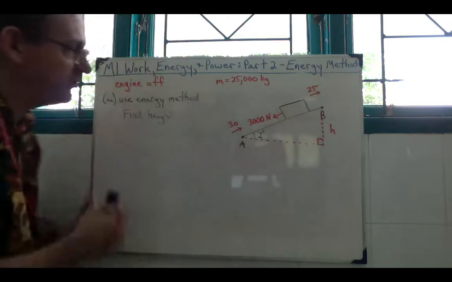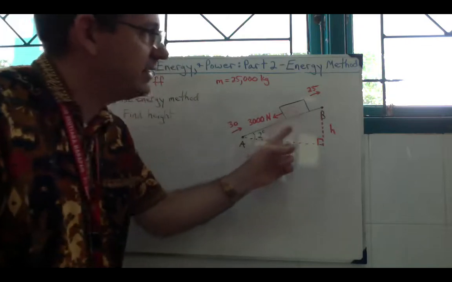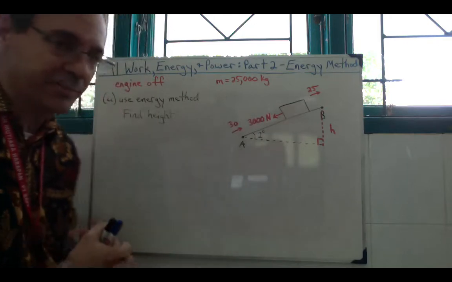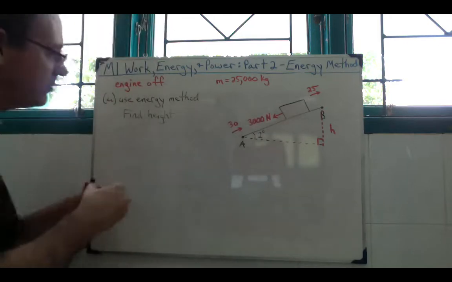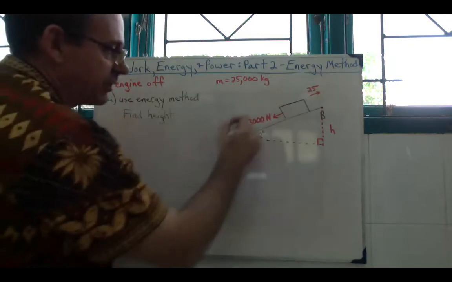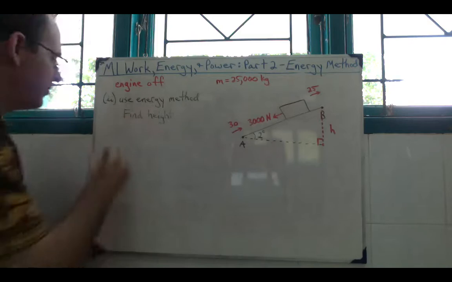Since we're going to use the energy method, we do not need to resolve the weight parallel to the plane. So we can go right into our energy formulas. Kinetic energy, again, we're going to see a loss in kinetic energy.